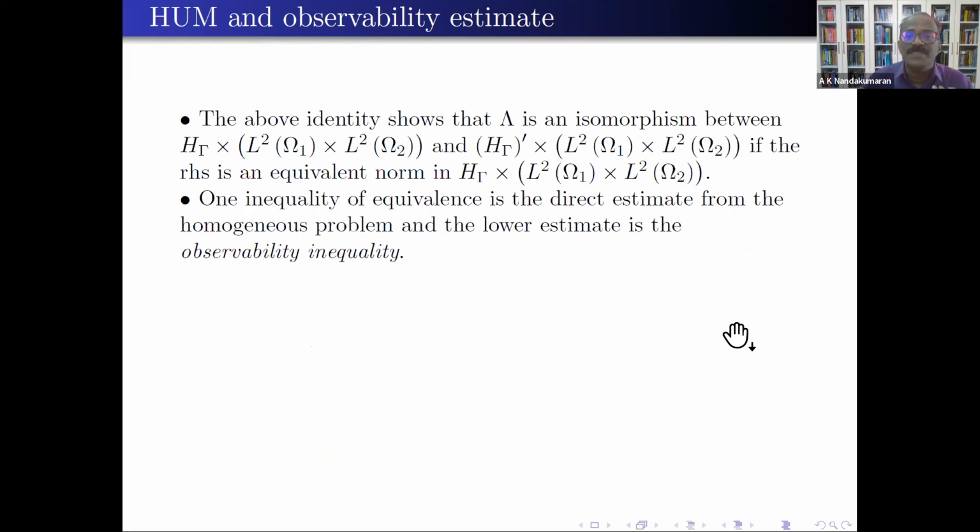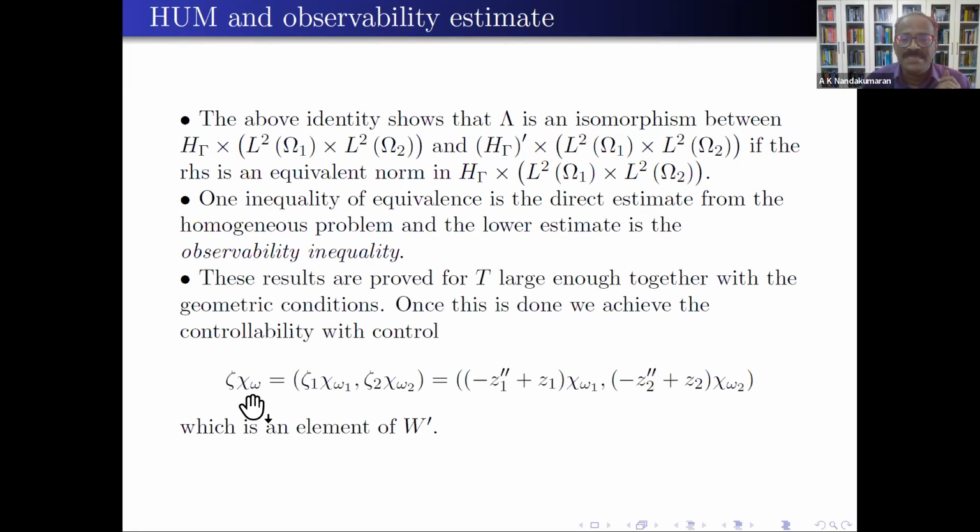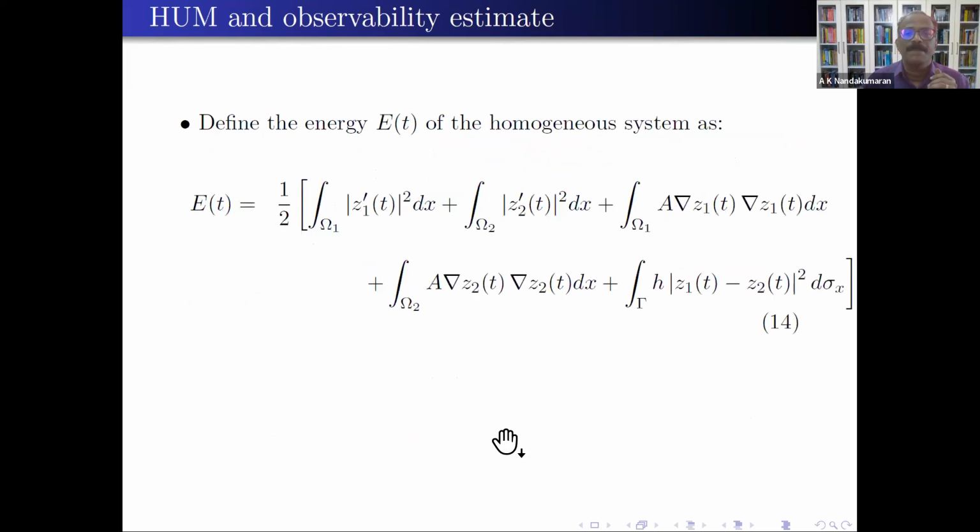This is an isomorphism. One of the inequalities of the equivalence is the direct estimate from the homogeneous problem, and the lower estimate is your observability inequality. Okay, so this is your control. You will conduct, and which is an element here, which can be interpreted.